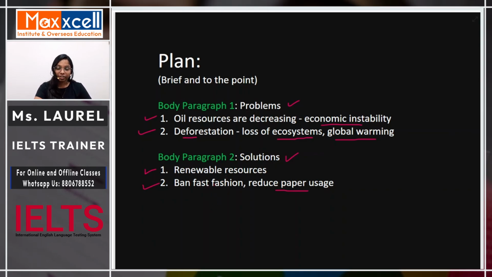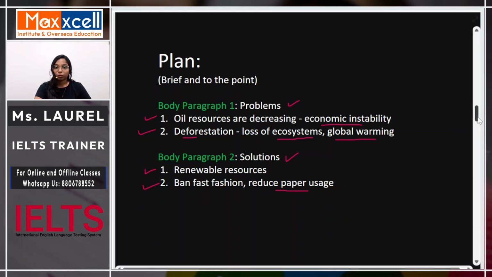So they are made from trees, and just to get a small piece of cloth, it takes so many trees that are cut down. So this is another problem that is coming up in recent years, and we know that the world has become more focused on consumption and materialism. So this is another rising trend, and it is negatively impacting forests and leading to deforestation. So this is our entire plan for the essay.